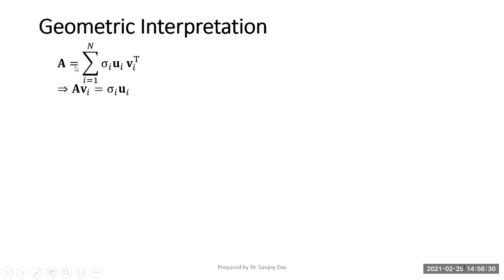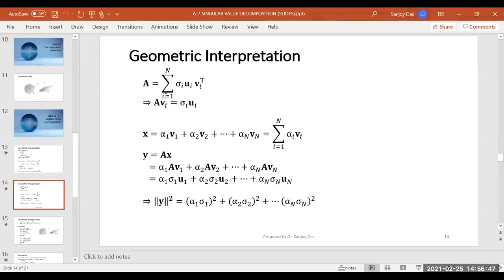Well, because if you pre-multiply both sides with V_i, this left side becomes A V_i. Now what happens to the right side? You have V, well, let's say I, let's call this j here. Instead of i, let this be j.